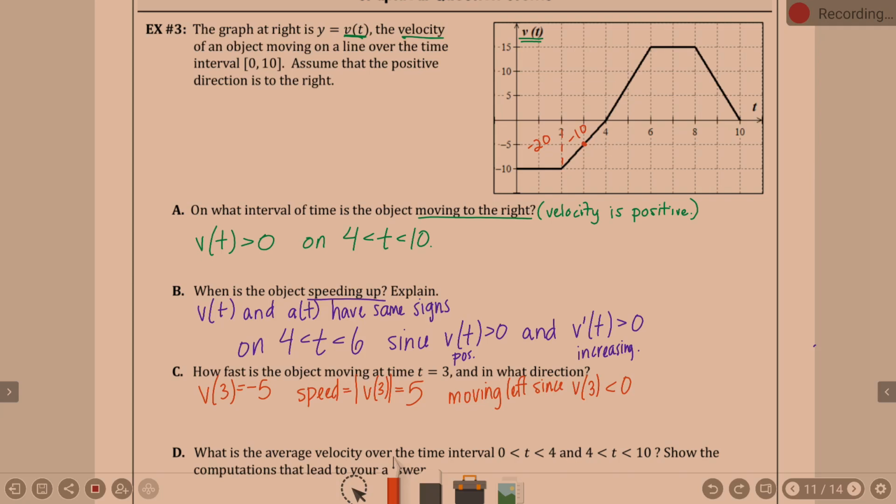And then when we get to 4 to 10, what do we know about it? It's a little more difficult, I agree. I mean, it's one big trapezoid. This is 2 by 15, which is 30.